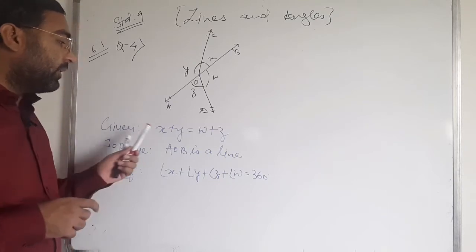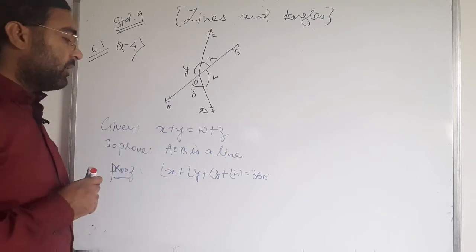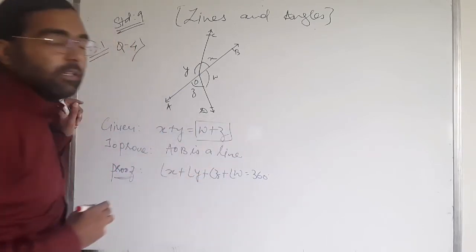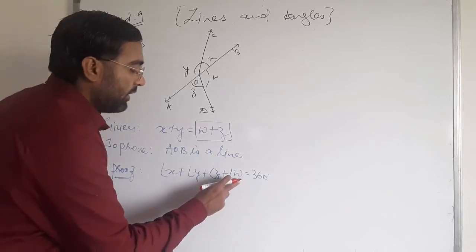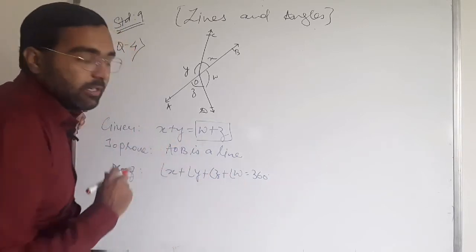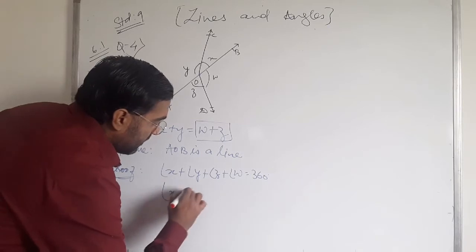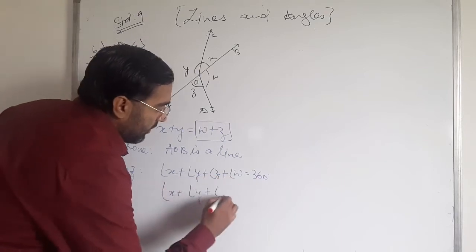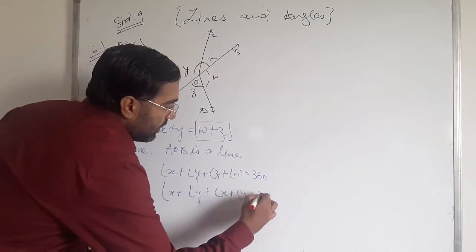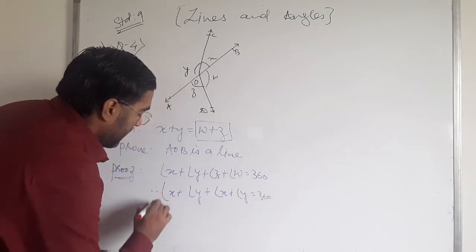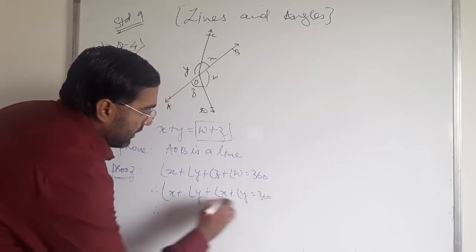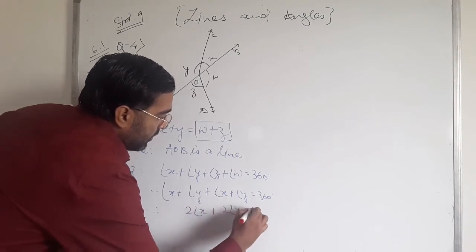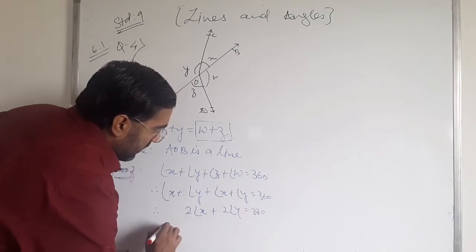Now from the given, x plus y is equal to w plus z, so instead of w plus z we write x plus y. So x plus y stays as it is, and in place of w plus z we also write x plus y, equal to 360 degrees. Therefore there is 2 times x and 2 times y, so 2 times x plus 2 times y equal to 360 degrees.